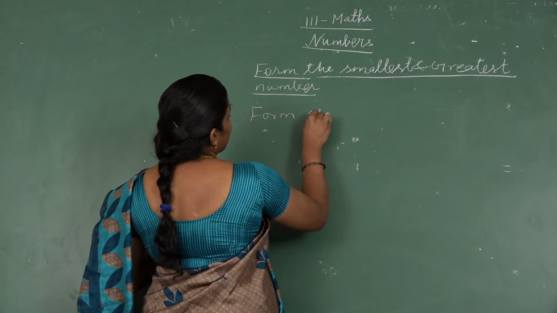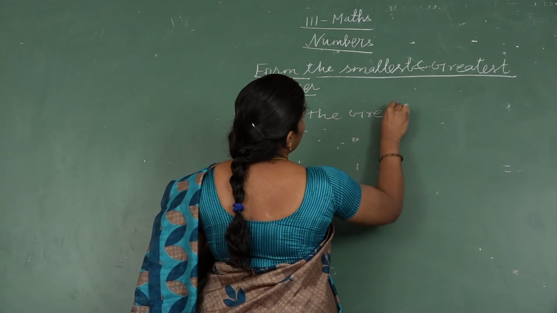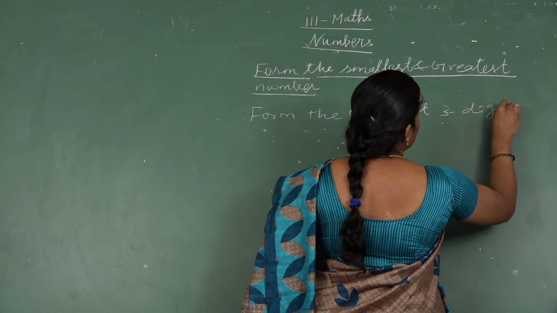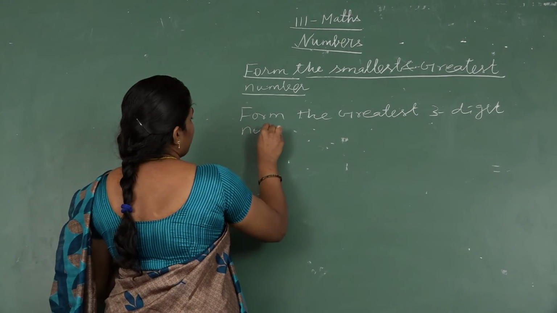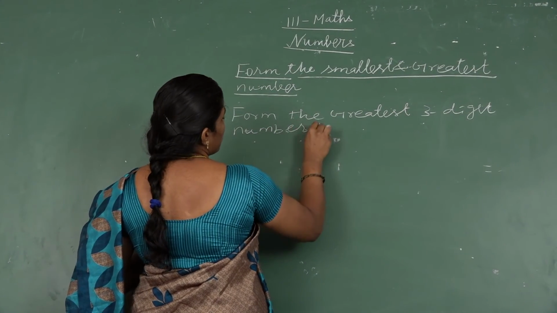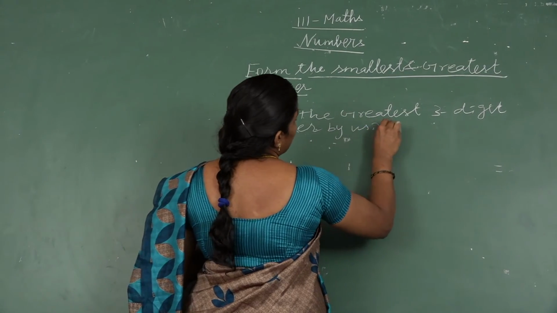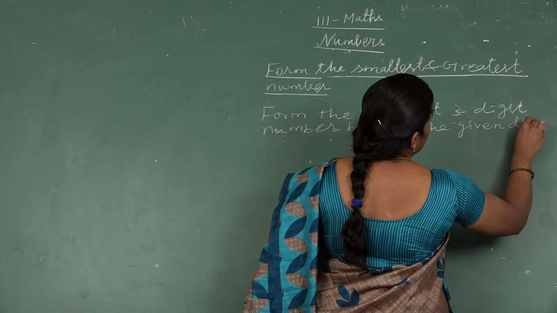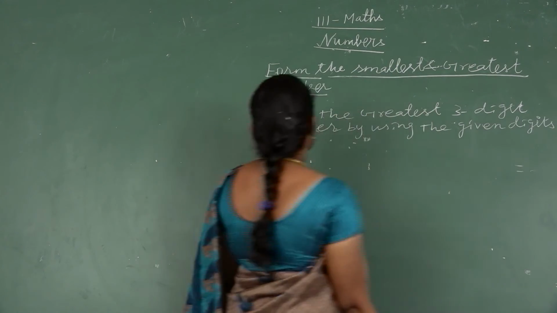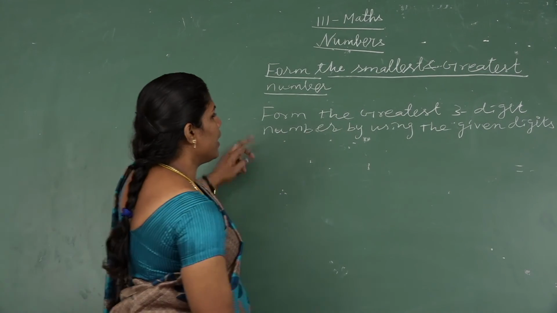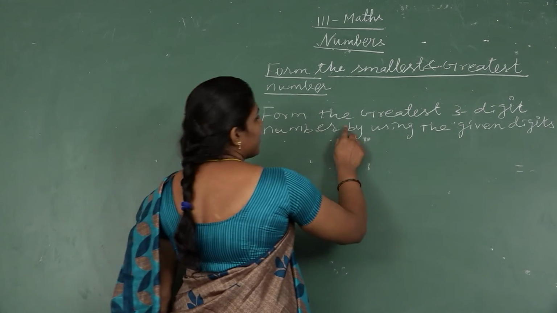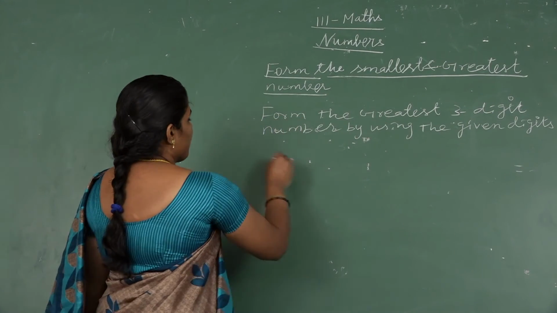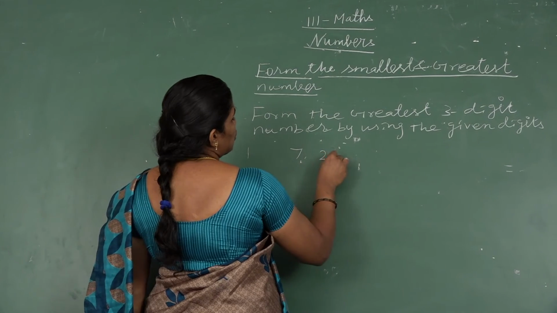Form the greatest 3-digit number by using the given digits. For example, 7, 2, 9.